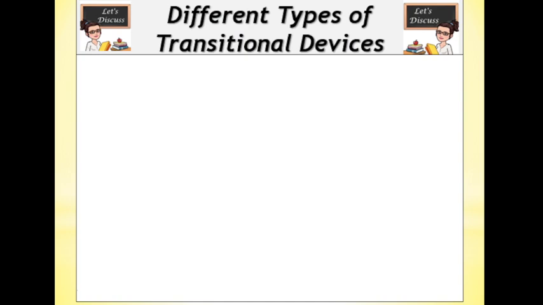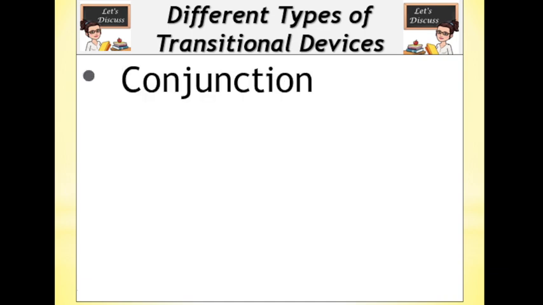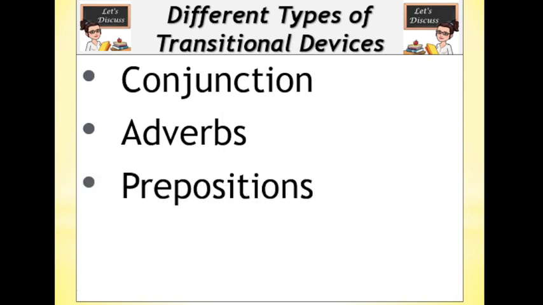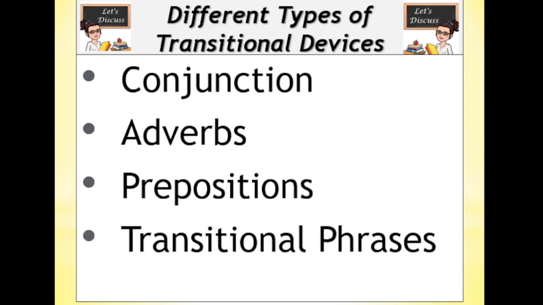So in this lesson, we're going to discuss the four different types of transitional devices that you can use in writing your essay. So first is conjunction, second is adverbs. Next, we're going to talk about prepositions, and lastly is transitional phrases, which I briefly discussed also in the second part of our lesson, although it was not a thorough one.